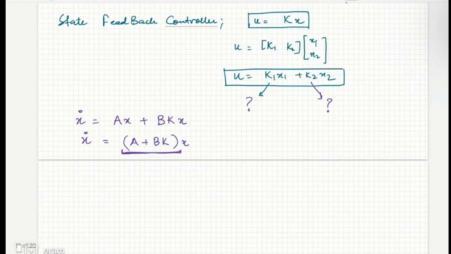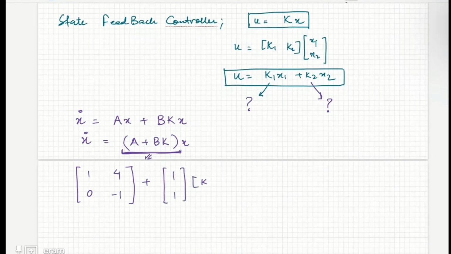Okay, so first for that let's calculate this matrix. A is given to us as [1 4; 0 -1]. We are calculating A plus BK, and B is given to us as [1; 1] and K is [K1 K2].